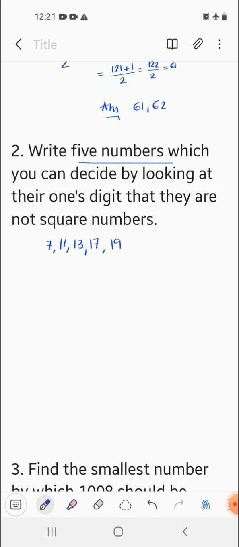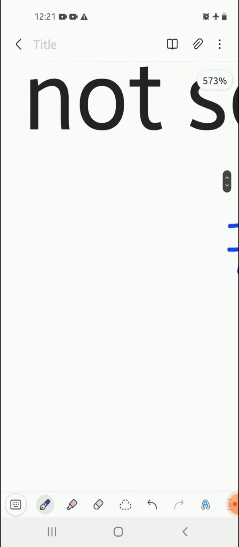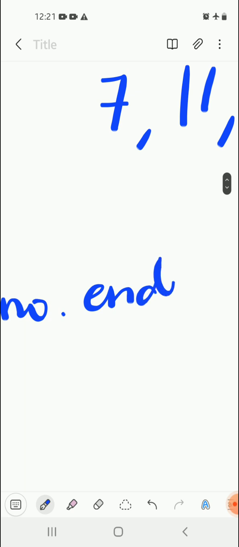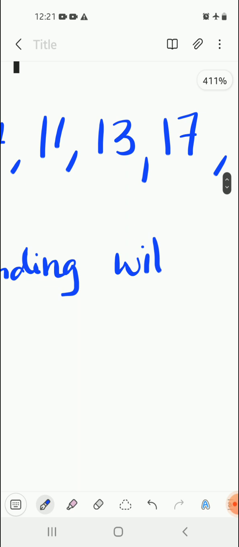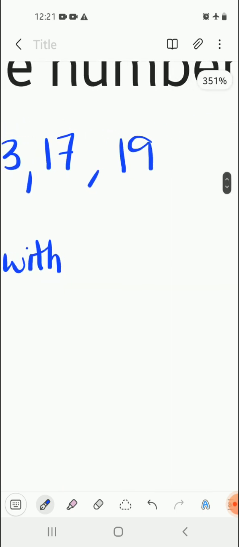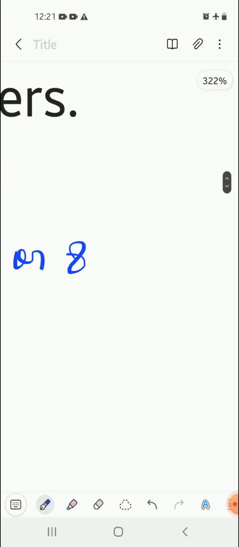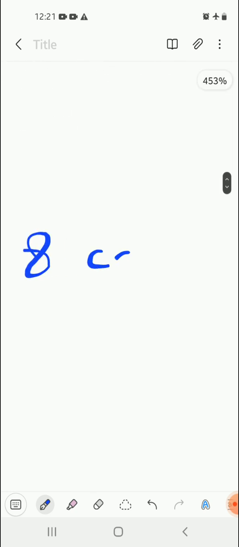The rule states that a number ending, that is a number which has 2, 3, 7 or 8 in its units place, that is a number that ends with these digits, cannot be square.